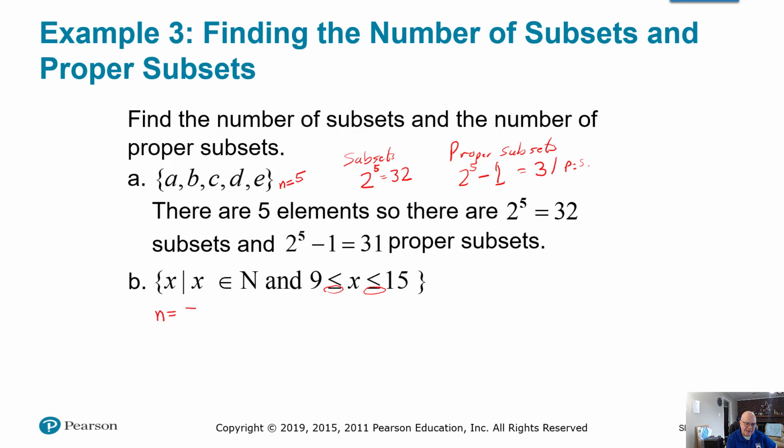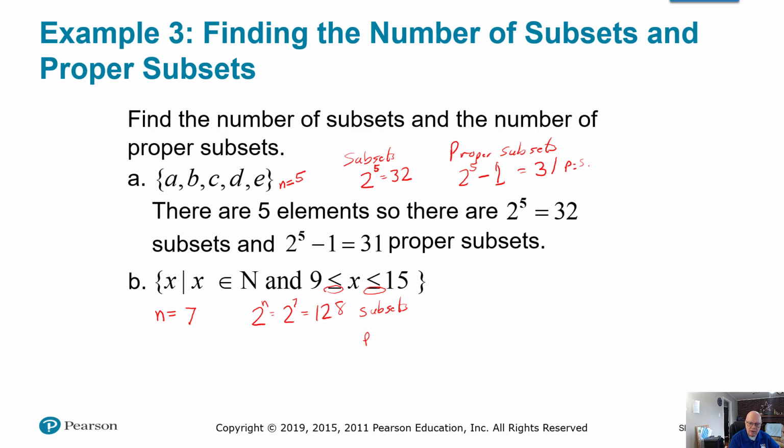You have 7 elements in that set, 9, 10, 11, 12, 13, 14, 15. Now how many subsets do you have? 2 to the n subsets, 2 to the 7th, 128 subsets.